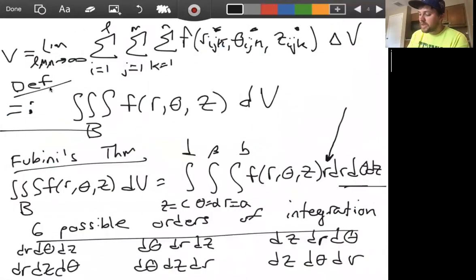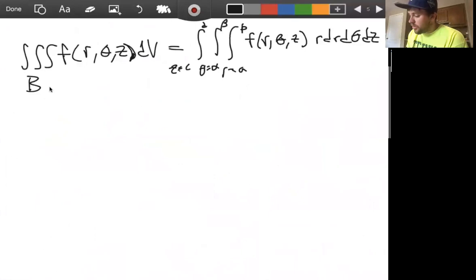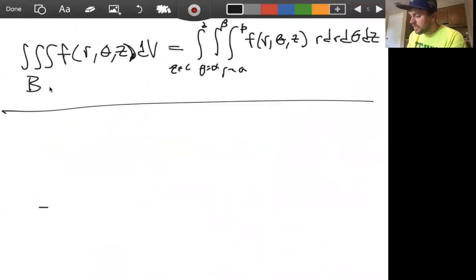You take the limit to get the actual volume and simultaneously the definition of the triple integral in cylindrical coordinates. And so, again, by Fubini's theorem, we can do this in any order we want.